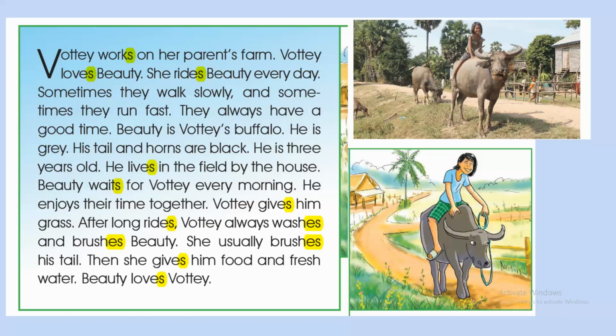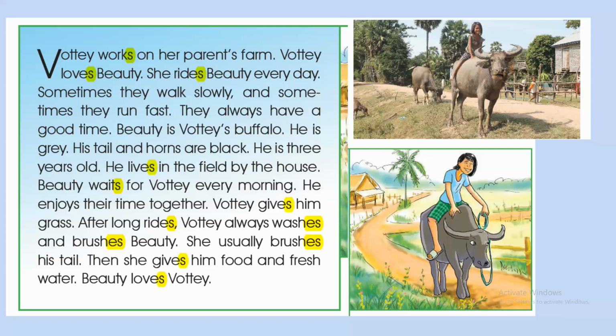Okay, so now let's go to the word work. How do we pronounce this? We pronounce works. Well done. Watai works on her parents' farm. Watai loves. So love with s, but we pronounce z. Watai loves Beauty.